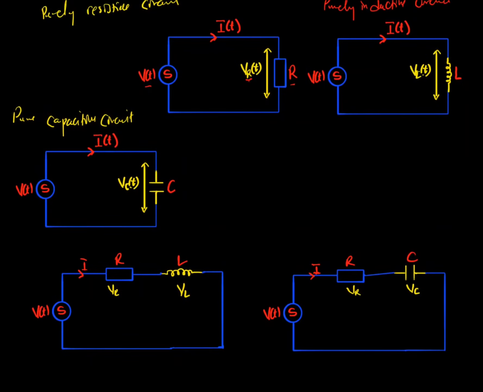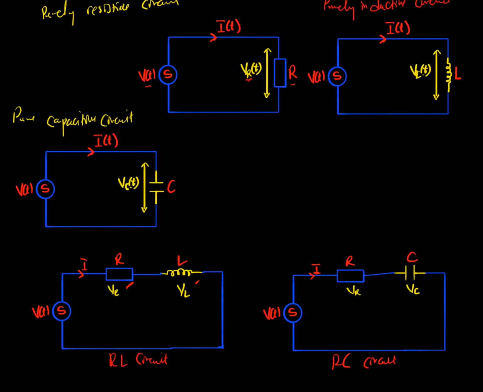After we are done looking at these individual purely resistive, purely inductive, and pure capacitive circuits, then we go on to look at what we call the RL circuit, and then the RC circuit. So as from the name RL, you realize that we have only an inductor and a resistor.